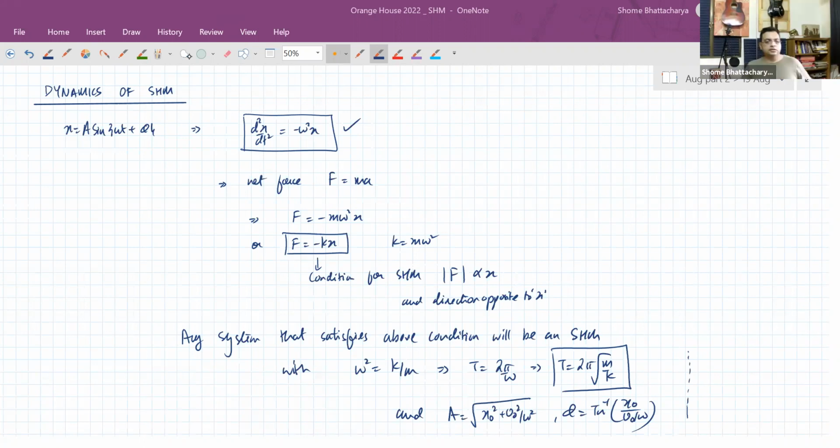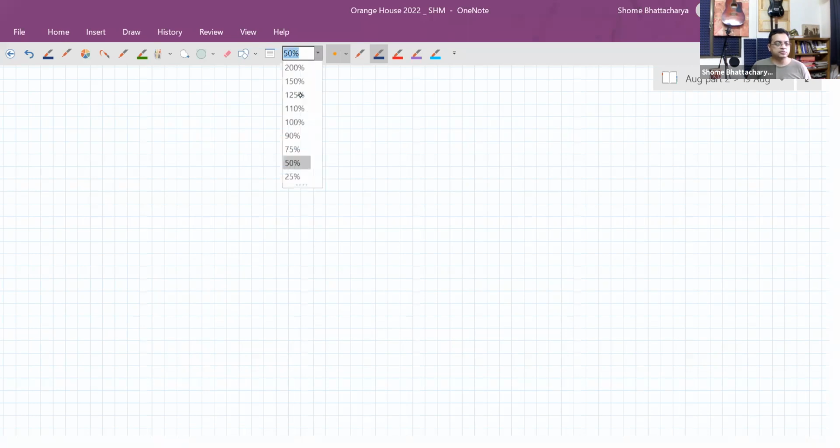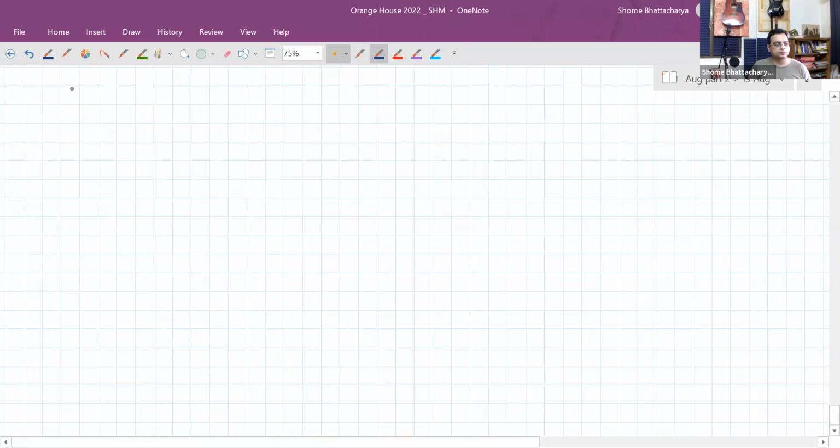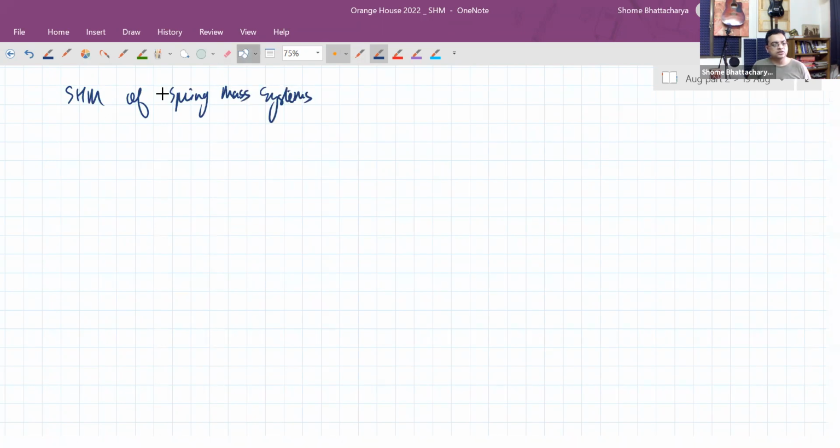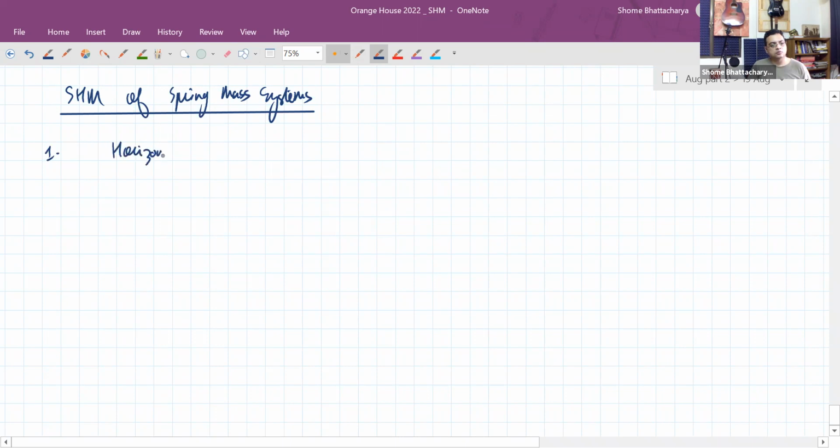Okay, people. So let us understand this in the most simple dynamical example of SHM, which is SHM of a spring mass system. So the first example we will look at of a spring mass system is horizontal SHM of a block attached to a spring.